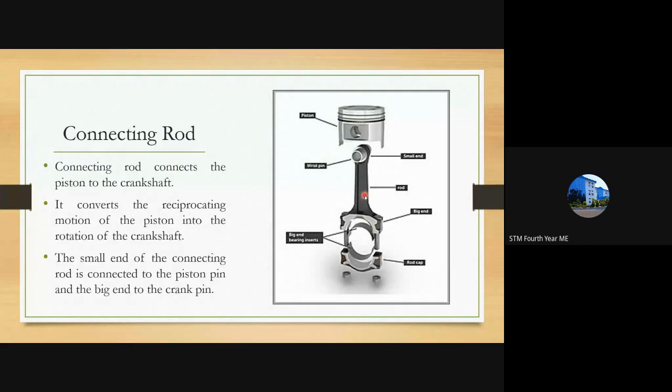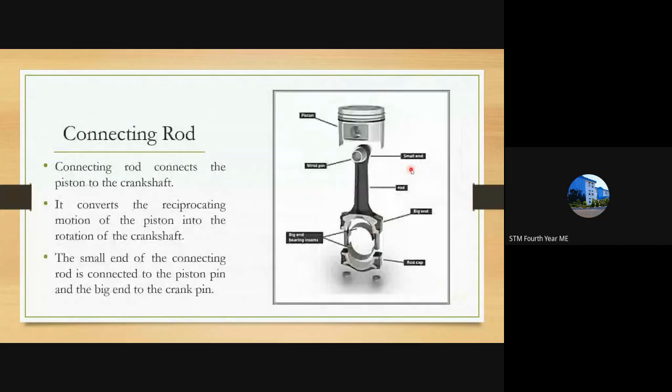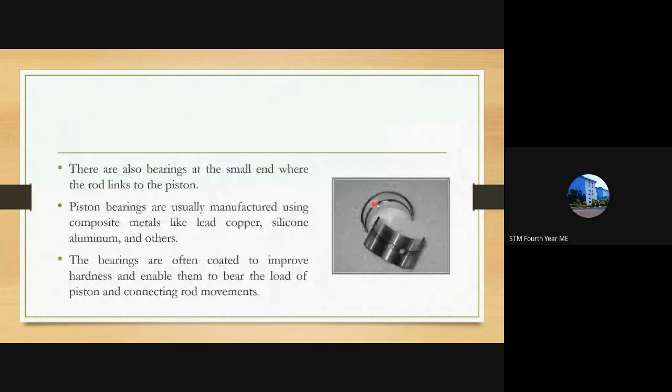So bearings have to be replaced before their wearing out is over. At the big end, you can see the bearing is in this shape. There is a small groove or a slot provided for sitting inside the big end, while in the small end, it will not have any grooves, but it will sit perfectly inside.